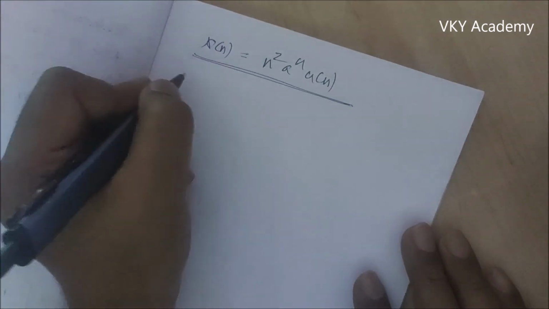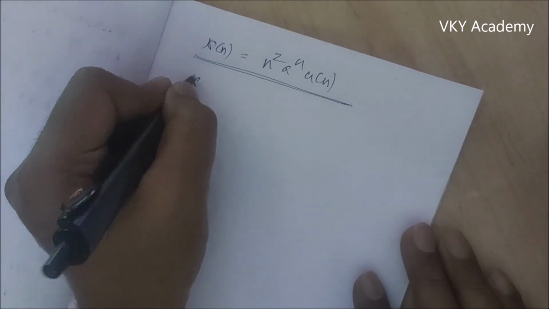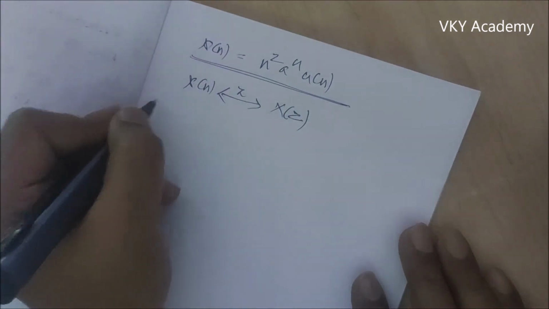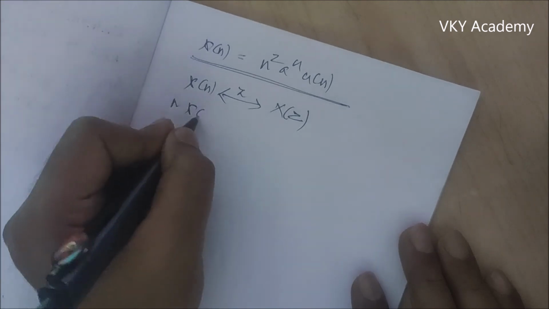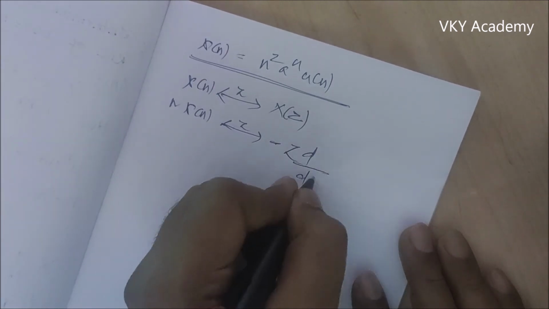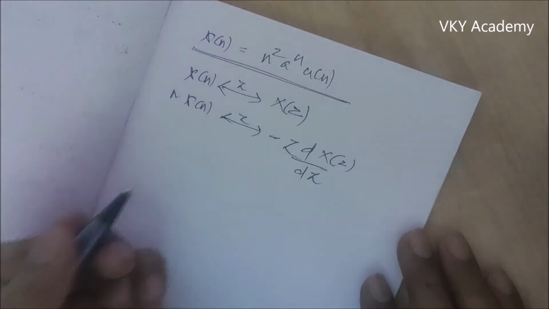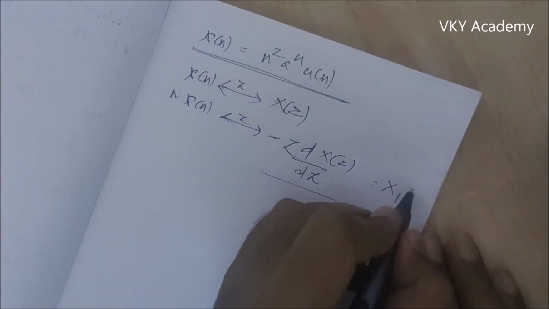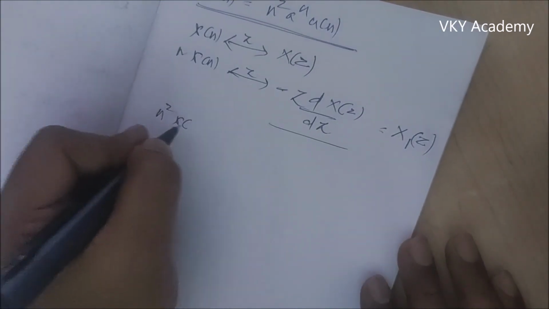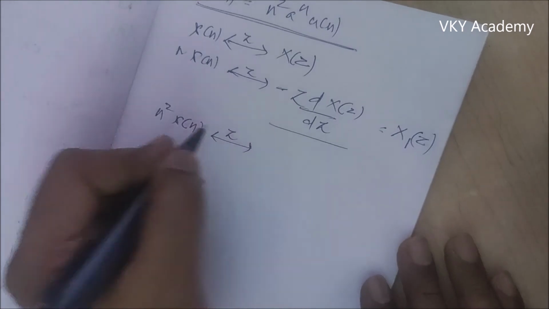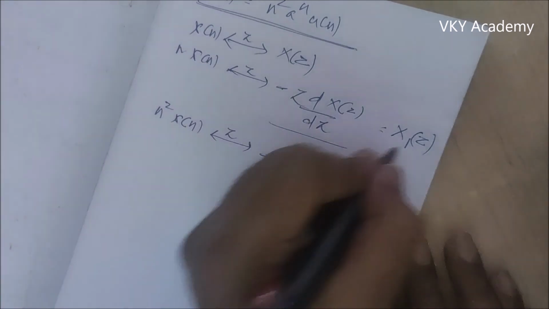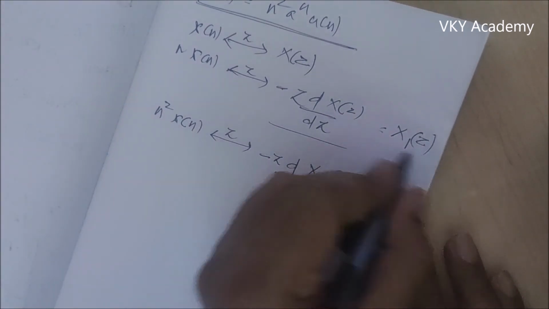So what we can do is write, as we know, the Z transform of x of n is X of z, then the Z transform of n times x of n will be minus z d by dz of X of z, and let this particular result be X1 of z. So the Z transform of n square x of n will be minus z d by dz of X1 of z, the new Z transform.